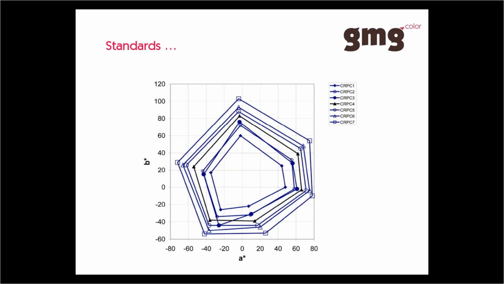So I already promised talking about CGATS 21, the standard in the US, that we will have a closer look at: the CRPC color spaces. Here we can see all 7 CRPC color spaces.